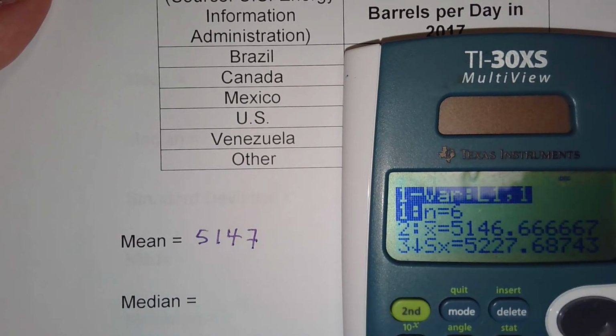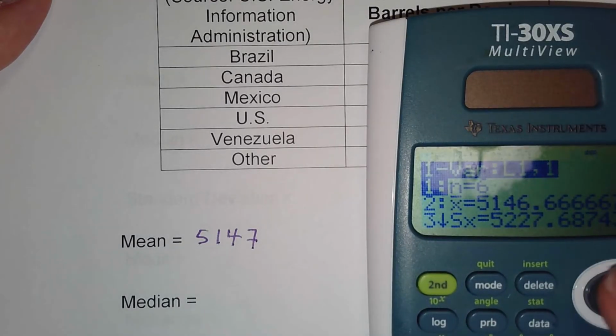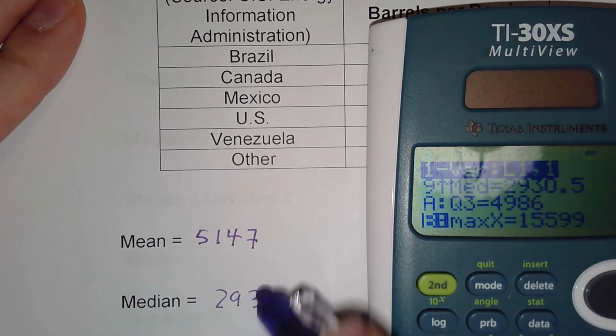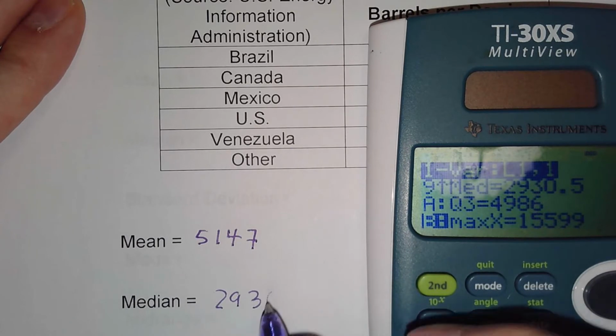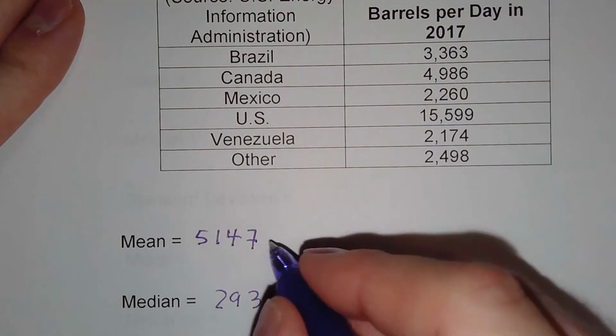Again, we'll round that off to the nearest whole number. And then for the median, I get my up arrow, and it's line number 9. Let's round that to the nearest whole number. And these are in thousands of barrels a day.